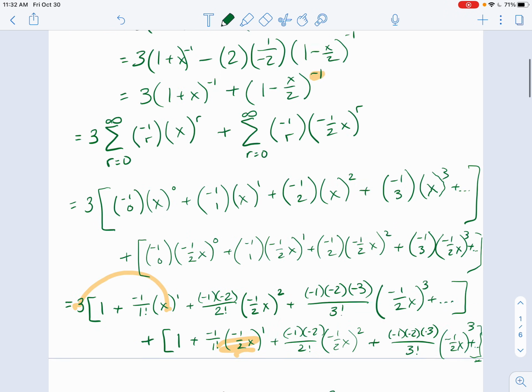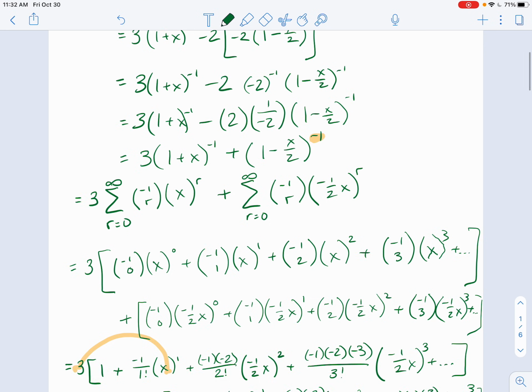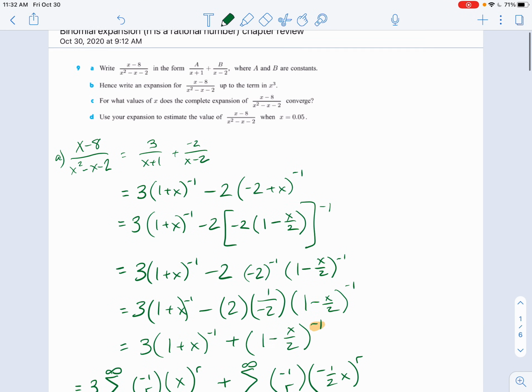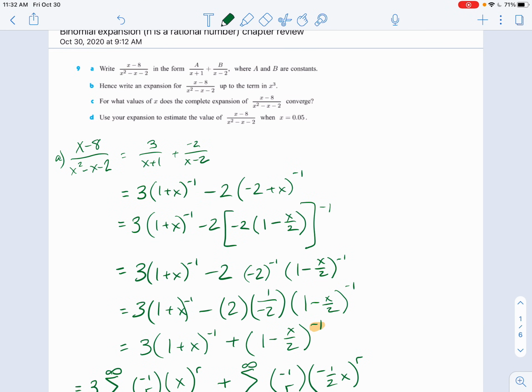In this one, the answer that I wrote down was negative 1 to 1. Let me see, A is 1 and B is 1, so that's negative 1 to 1. And in this one, we have negative 2 over.